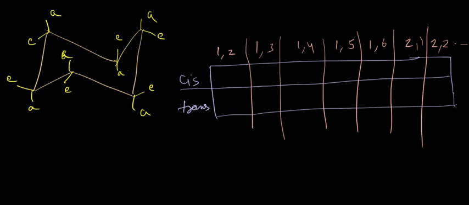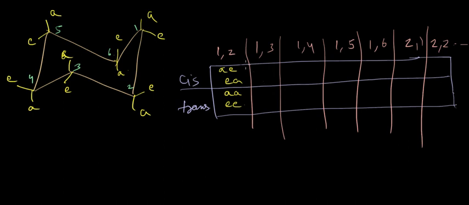So this is first, second, third, fourth, fifth, sixth. So between 1 and 2 the cis would be AE and EA, and trans for 1 comma 2 would be EE or AA.